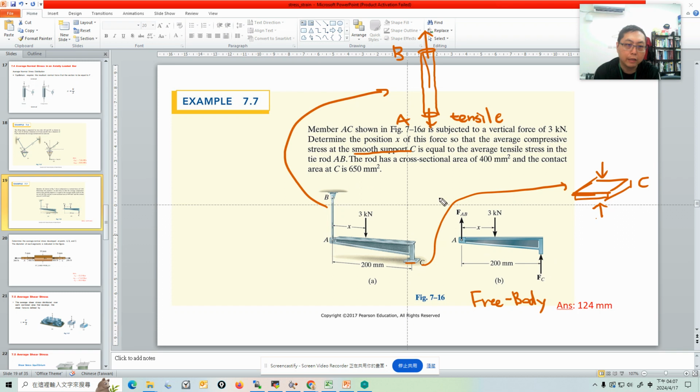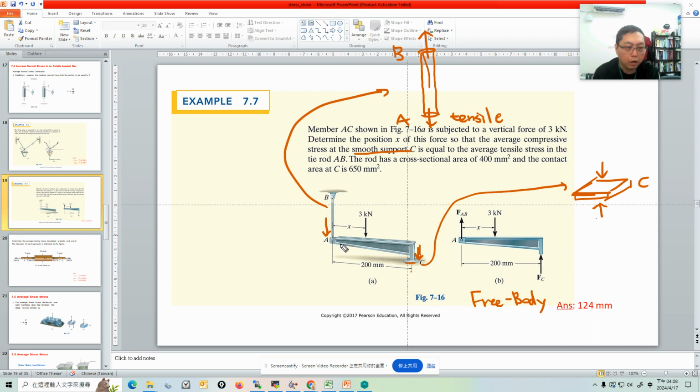I think this should be the action and reaction. This tensile stress here will have a reaction force. Here is the tension, and here is a small compression.